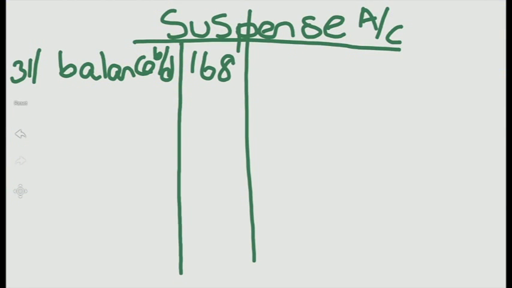Now we are correcting the error. We want to close the suspense account because in our financial year, we should not have a suspense account, but only when we are trying to allocate or investigate errors.